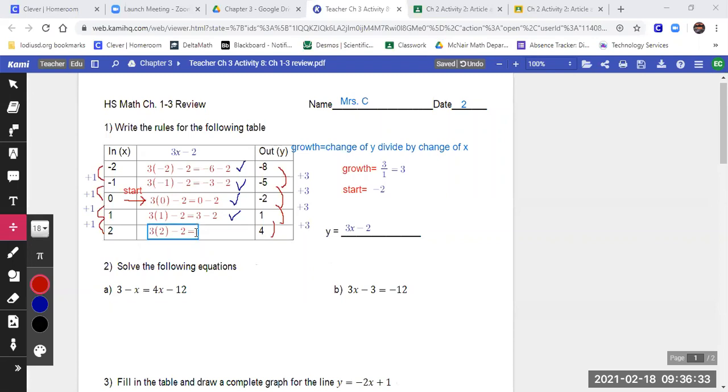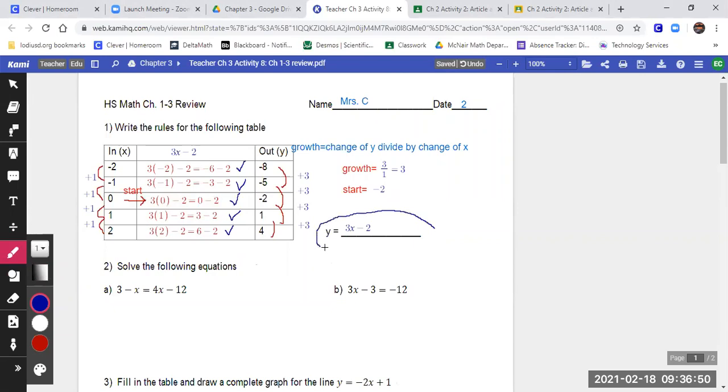Okay, so this one says 6 minus 2. Did it work? Yes. Yay. So that means that my answer is y equals 3x minus 2.